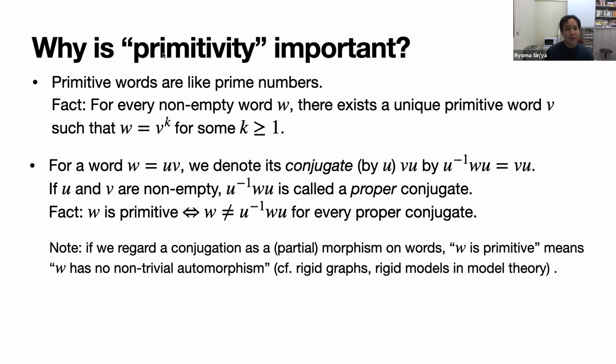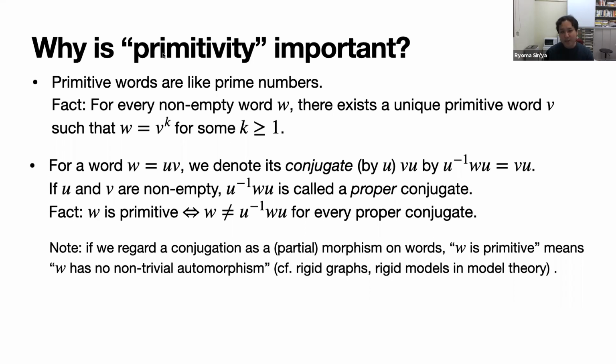This fact gives another characterization of primitivity, and it is sometimes called the Lyndon-Schützenberger theorem. Namely, W is primitive if and only if W is not equal to any proper conjugate.